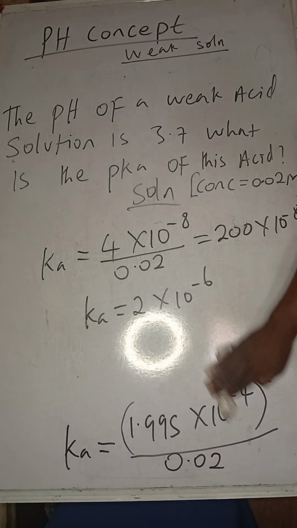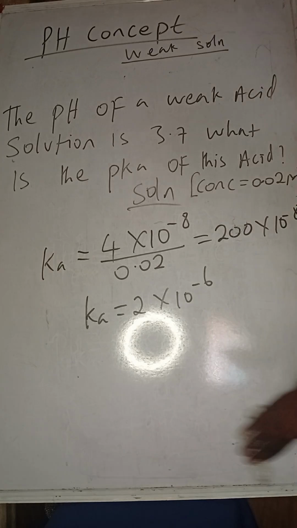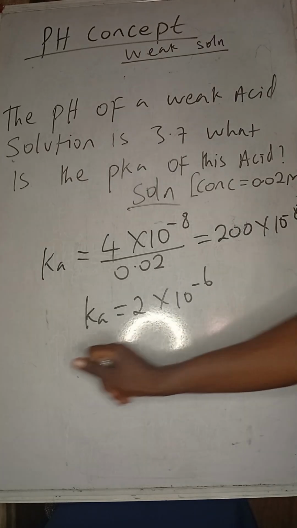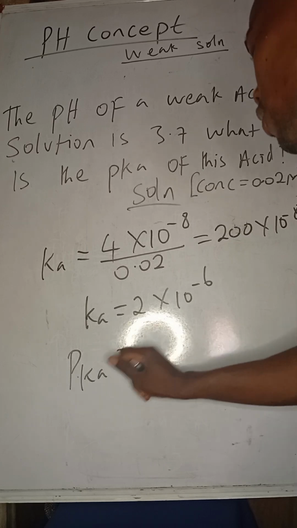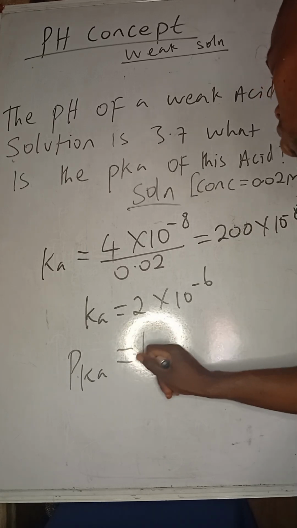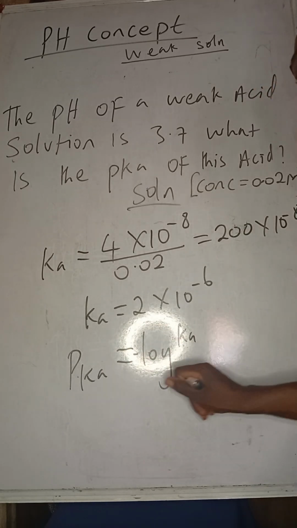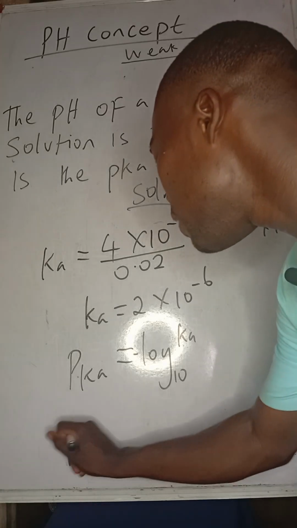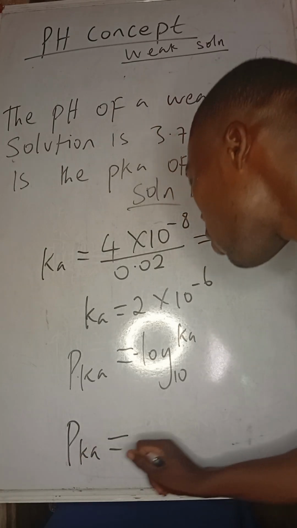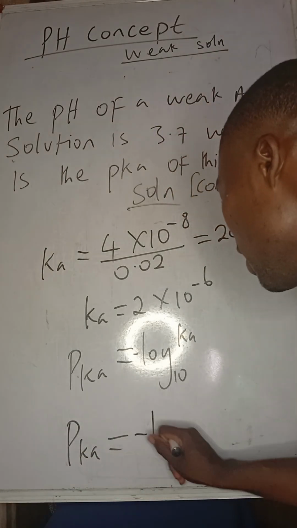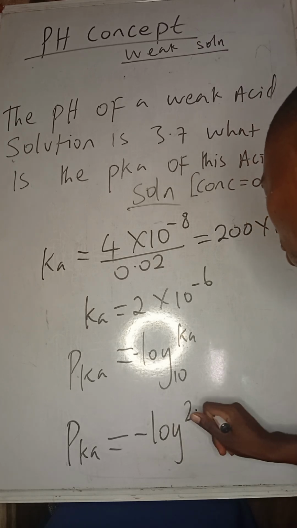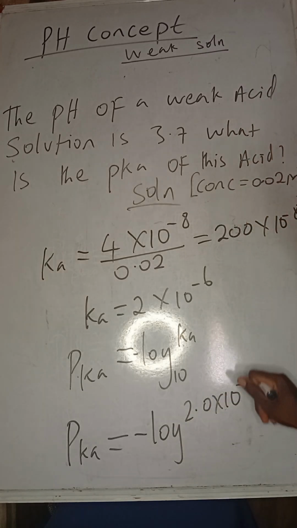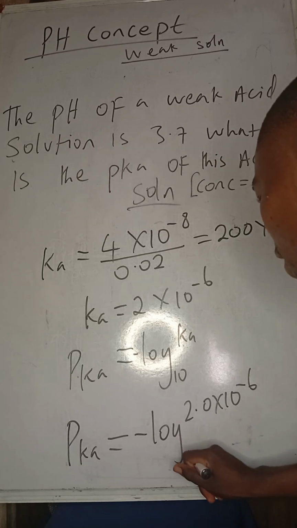So pKa is therefore minus logarithm of Ka to base 10. You can now use your calculator to do this in your various houses. So pKa is minus log of 2.0 times 10 raised to power minus 6 to base 10.